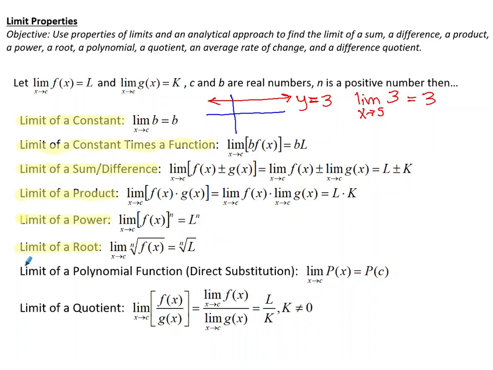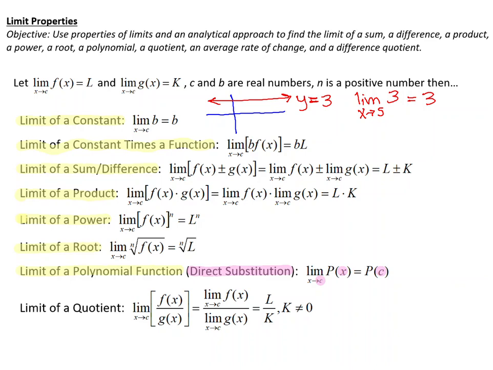Now, the next one is used quite a bit. The limit of a polynomial function. I like to call that direct substitution, where we directly substitute that value that x is headed towards into that polynomial function. We always try direct substitution first.